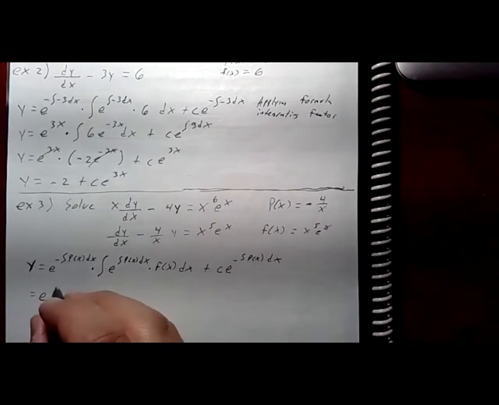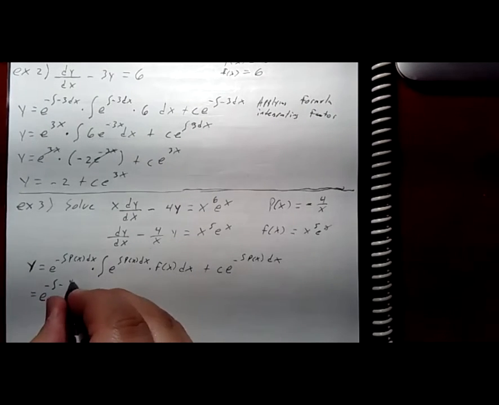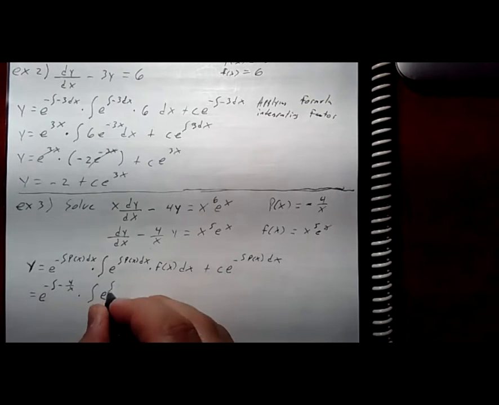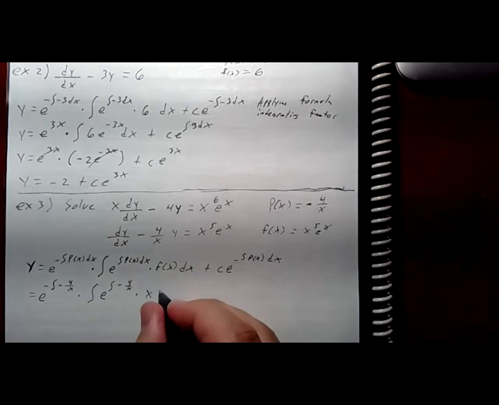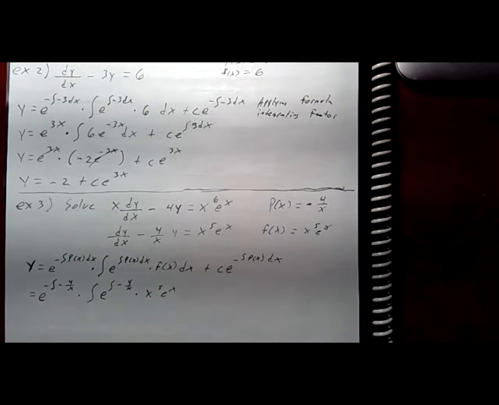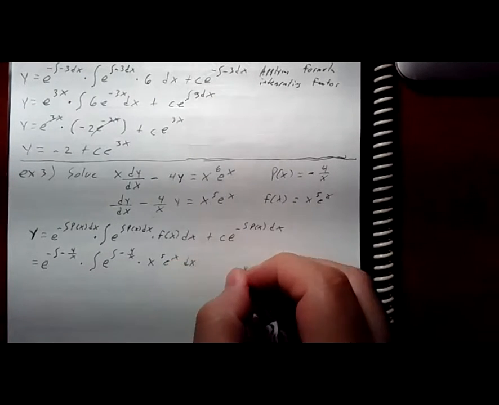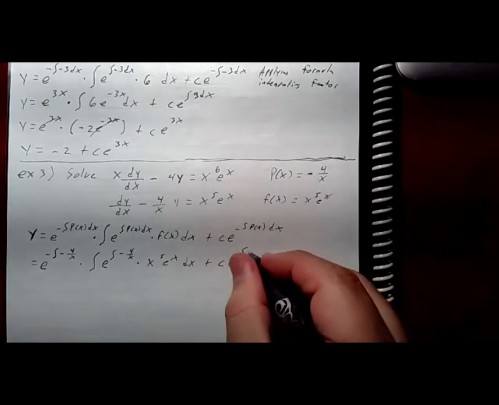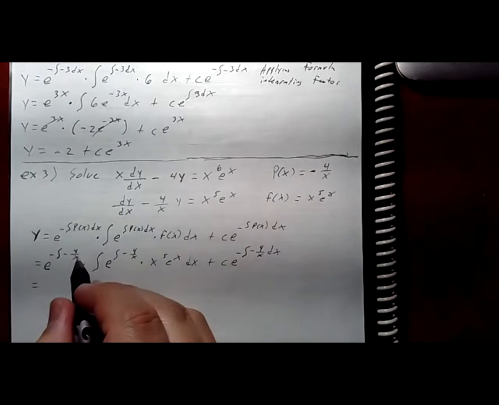So I'm going to have e to the negative integral of negative 4 over x times the integral of e to the integral of negative 4 over x times this grossness, x to the 5th e to the x dx. Now plus c e to the negative integral of negative 4 over x dx. So this would be a simple ln integral, right?